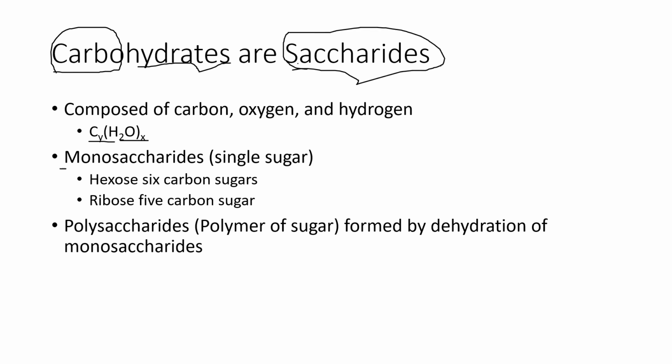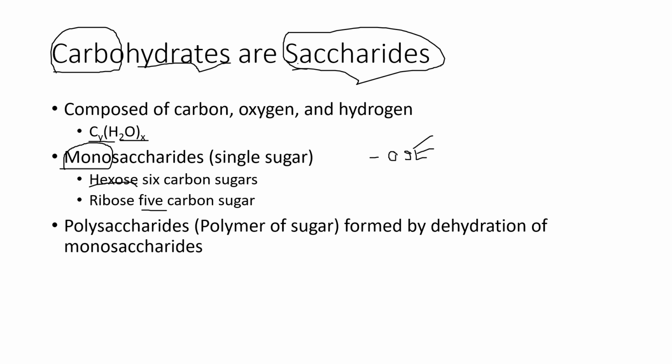If you have a monosaccharide, mono means one sugar molecule, and you have two different types of monosaccharides. You have hexoses. Hex means 6. Ose is sugar, so anytime you see ose, think of sugar for now. And a ribose is a 5-carbon sugar.